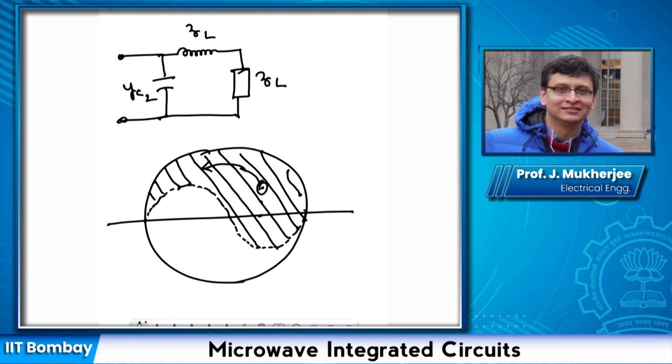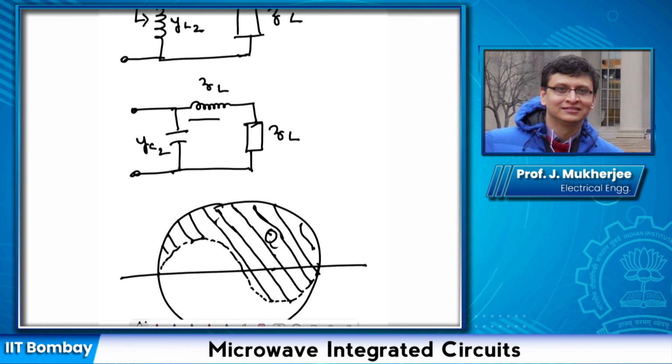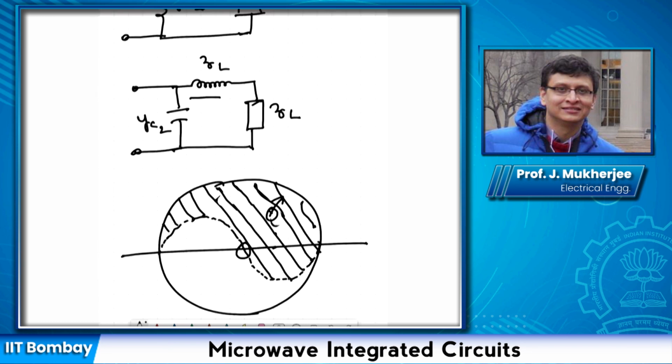Let me redraw it. If you are in this region, having a series inductor first means you have to go upwards along a constant resistance circle. And if you go along a constant resistance circle, then you can never meet a constant conductance circle which goes to this point. Okay, that's the problem.